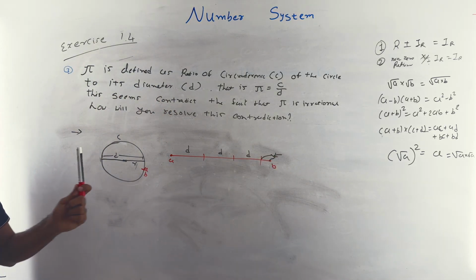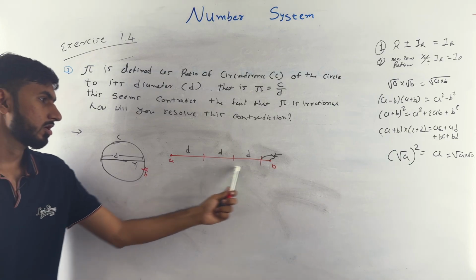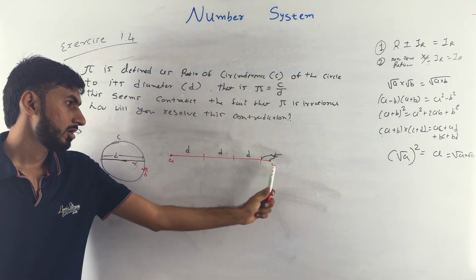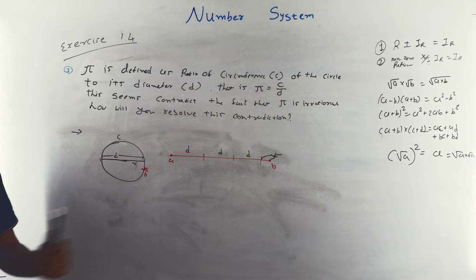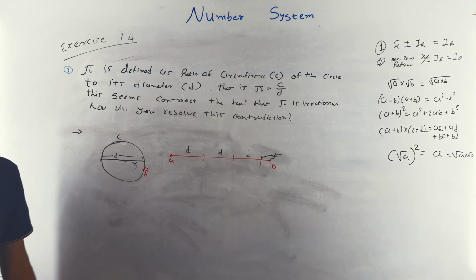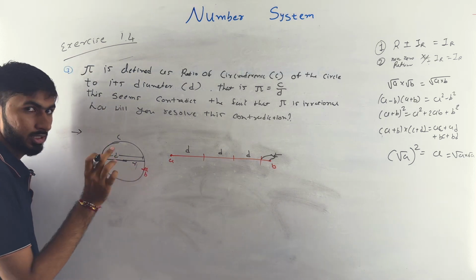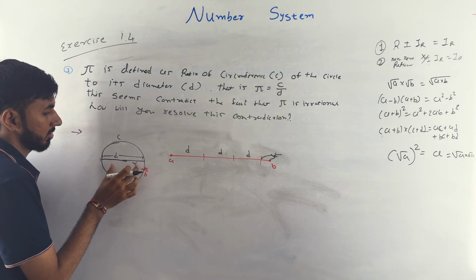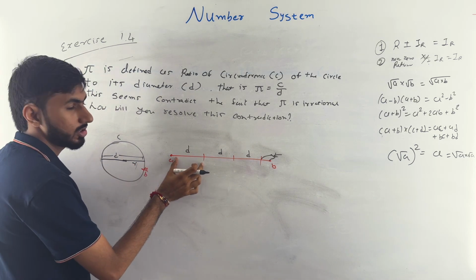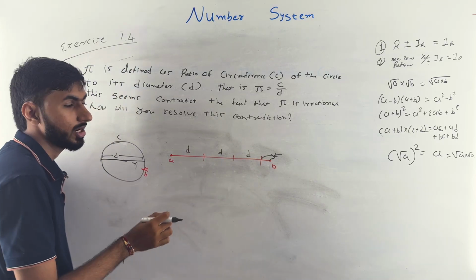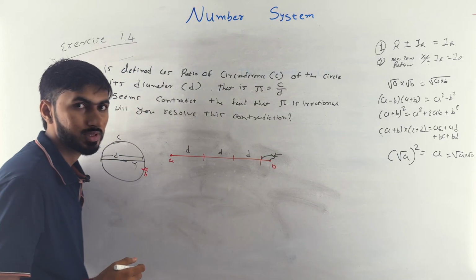What I am saying is, I have cut a circumference. Circumference is the outer boundary of the circle, right? I have cut the circle and put a string here, that is the exact circumference. Now if I put the length of the diameter on it, I will get exactly three parts of value d, right? Now this part is remaining.